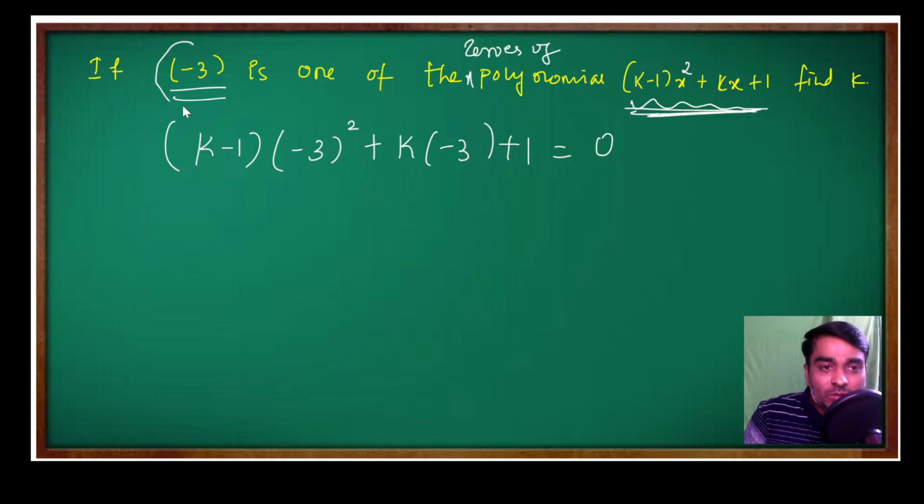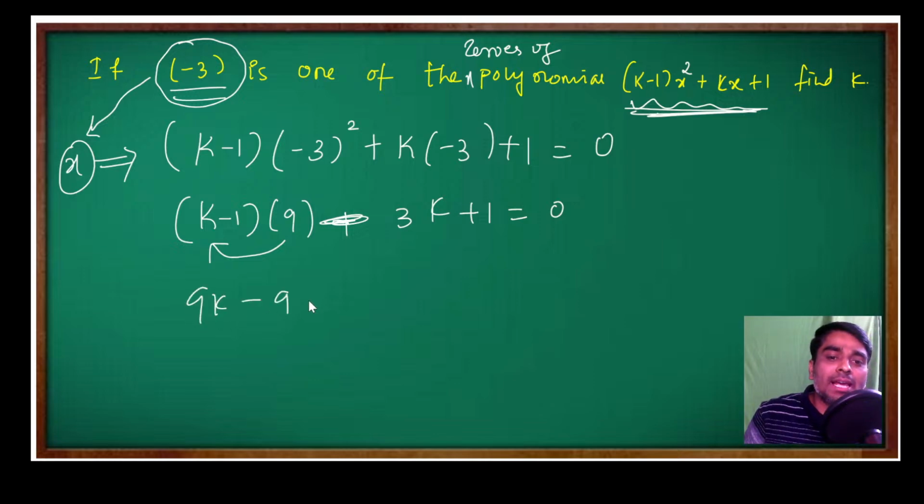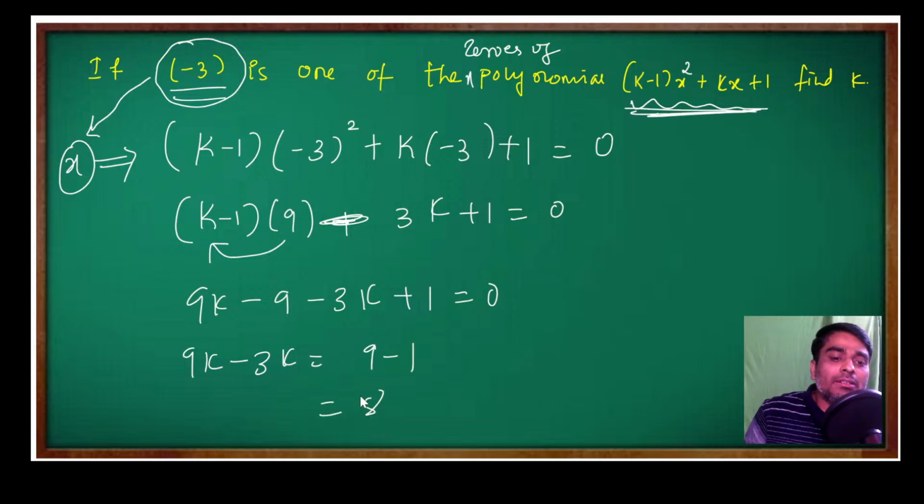So if they give you a zero, then substitute that number in place of x in your quadratic polynomial. Very simple. Okay. Now k minus 1 into 9 minus 3k plus 1 equal to 0. Multiply this: 9k minus 9 minus 3k plus 1 equal to 0. 9k minus 3k equal to 9 minus 1, that is 8. 9k minus 3k is 6k.